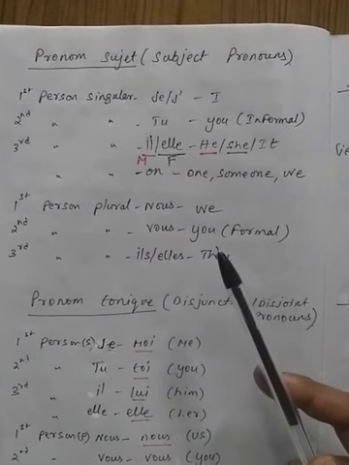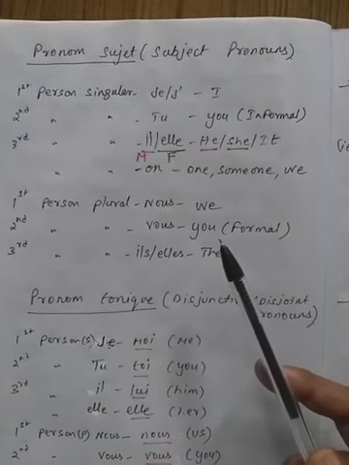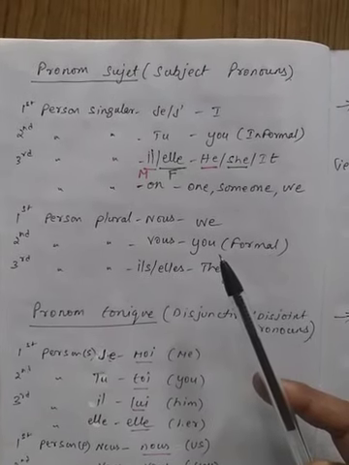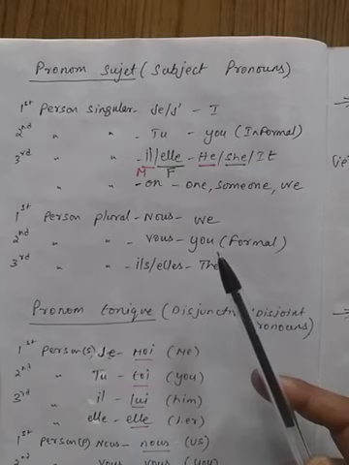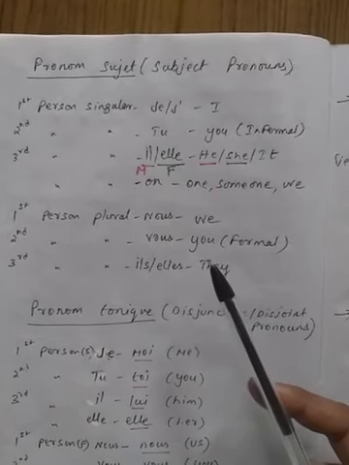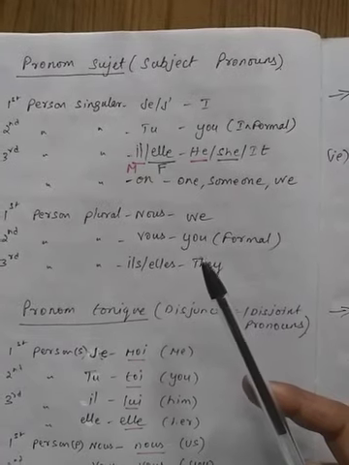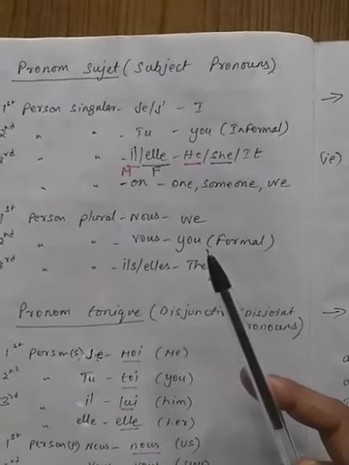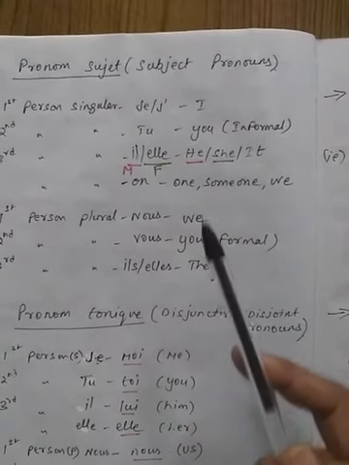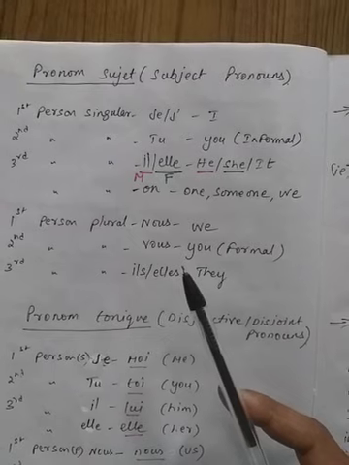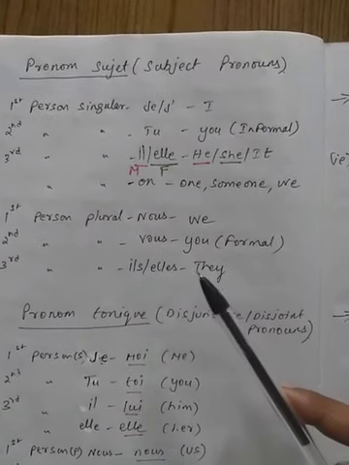If you are talking to elders or unknown persons, you use vous, with the conjugation according to it. That is the difference. Plural means more than one, while tu is singular. If you are addressing many persons, you must use vous. These are the 6 subject pronouns.